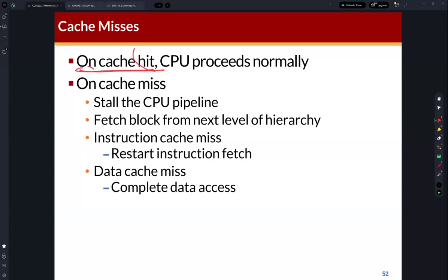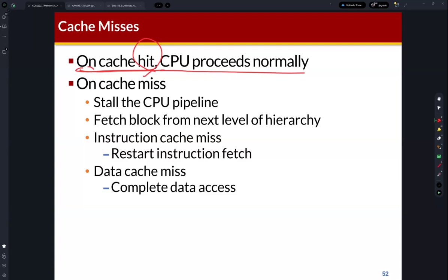On a cache hit, we can find the requested data in the cache, right? We assume the level 1 cache is very fast, so the CPU proceeds normally, which means the cache access time is lower than the clock period.